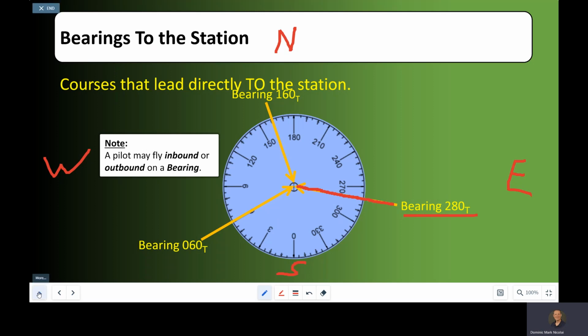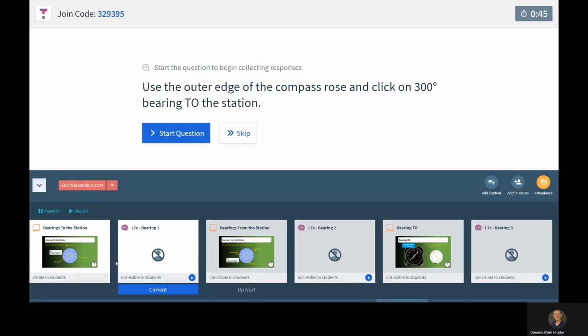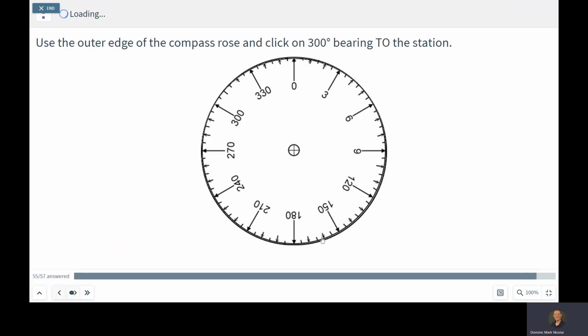So when I go back to my top hat question, I still have north up at the top of the screen there. 300 bearing to the station. I'm facing 300 degrees and I'm getting to the station. So I have to be on the southeast side of it there. So we're telling you where the plane is, not where the bearing is? That's both.